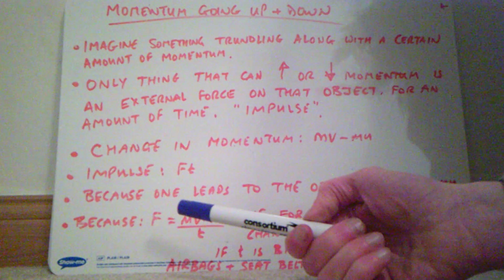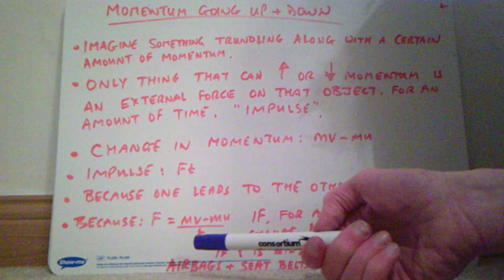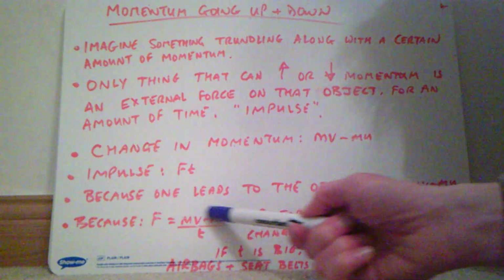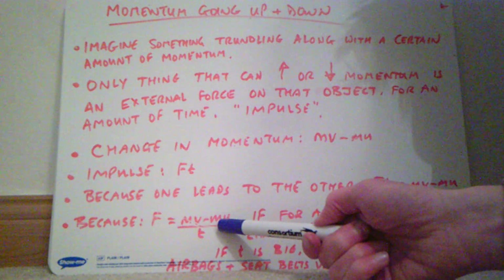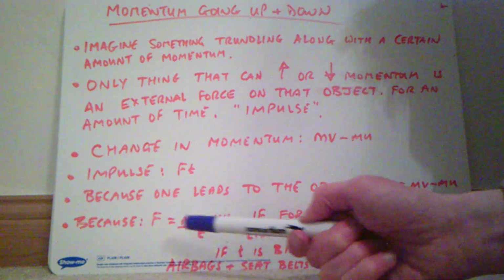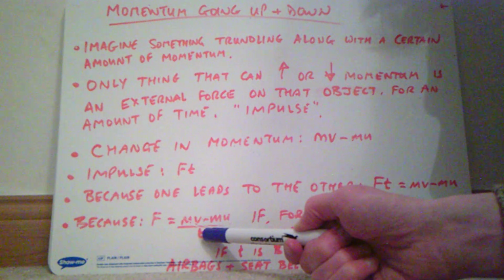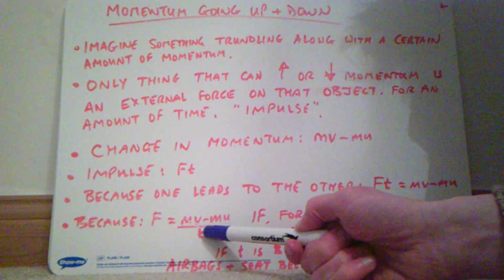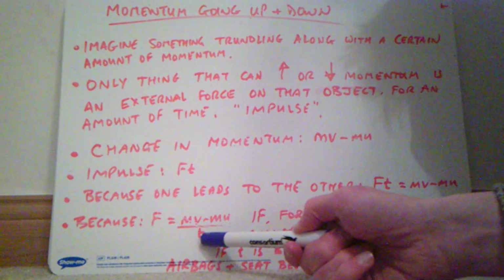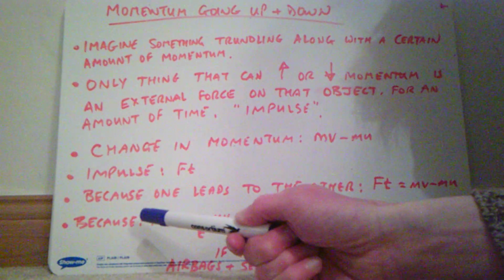The whole principle of a seatbelt, and in particular an airbag, is that this momentum change which is going to happen to you is non-negotiable, but it will happen over a longer amount of time, because an airbag is much more flexible than a windscreen. It takes longer to slow you down, and if t is longer, then force is smaller.